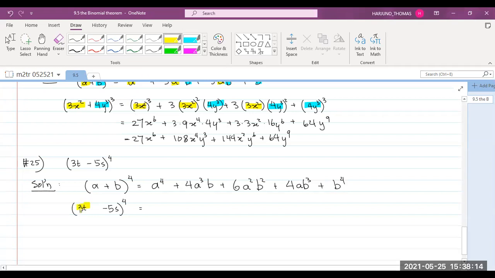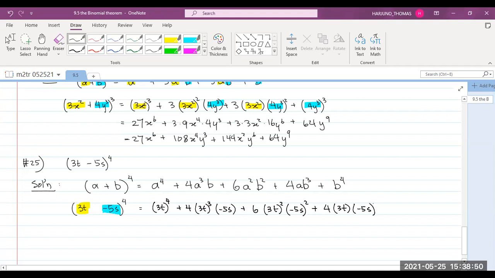So this is my a, this is my b. So I get a to the 4th plus 4a cubed b plus 6a squared b squared plus 4ab cubed plus b to the 4th.